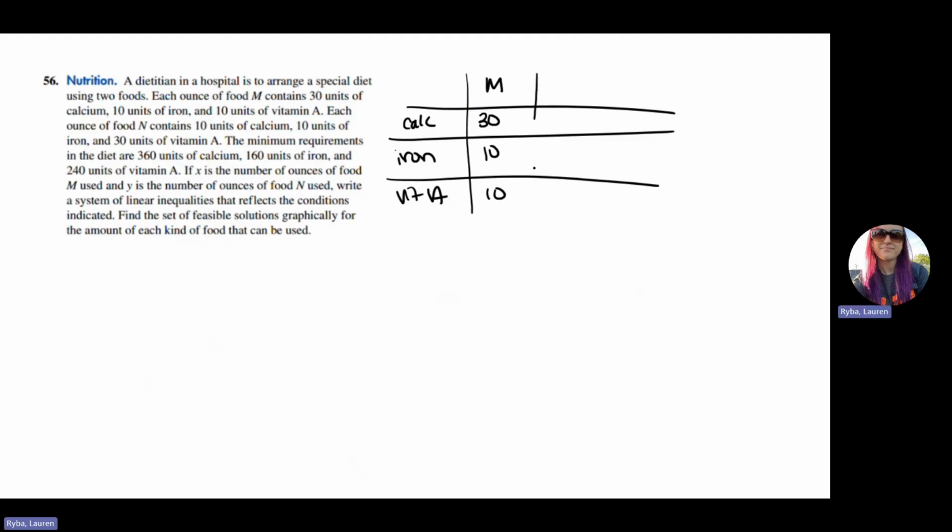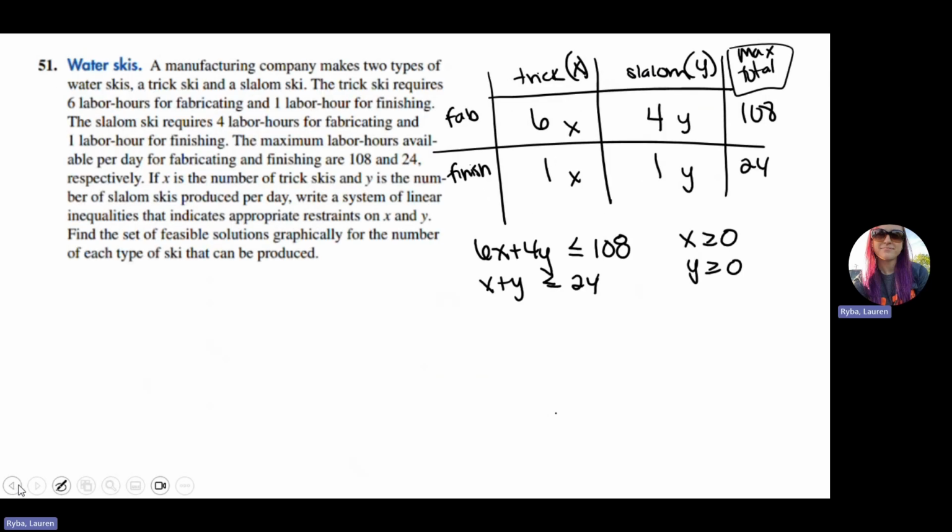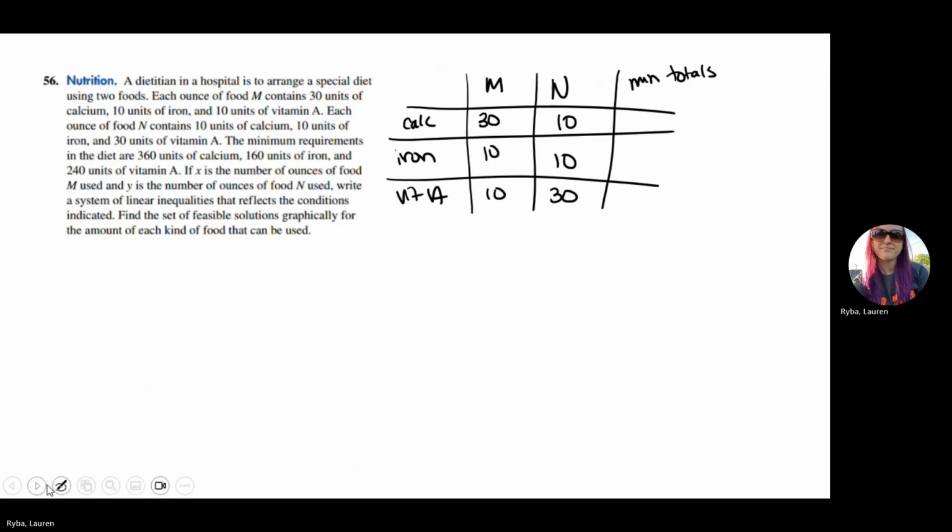Each ounce of food N contains 10 units of calcium, 10 units of iron, and 30 units of vitamin A. The minimum requirements in the diet are, so minimum total. So now this one is a minimum. This one back here was a maximum.